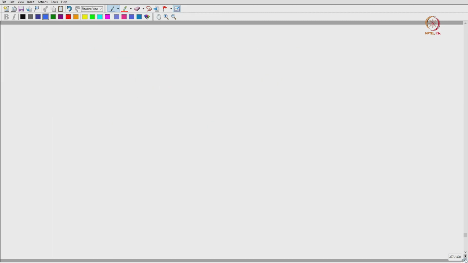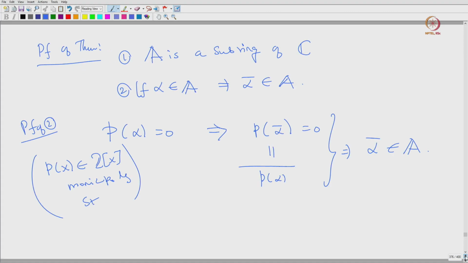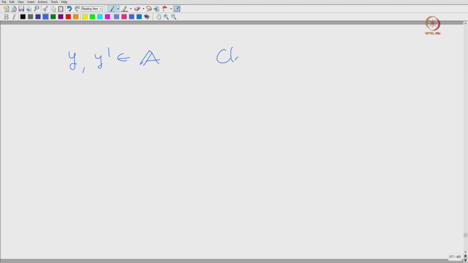Okay. So, let us prove the first statement, which is a little challenging. We just assume that y and y dash are given elements from the set A. We want to claim that both the addition and the multiplication are there in set A. So, let us use the characterization.